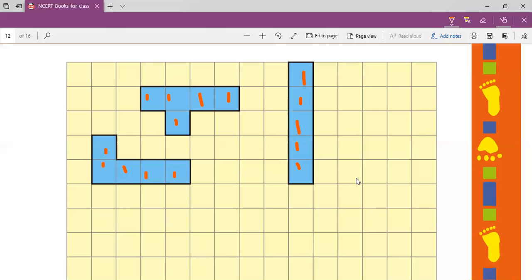See, if I take 5 squares, 1, 2, 3, 4, and 5, and draw like this, they have already drawn that shape, so I'll draw a different one.